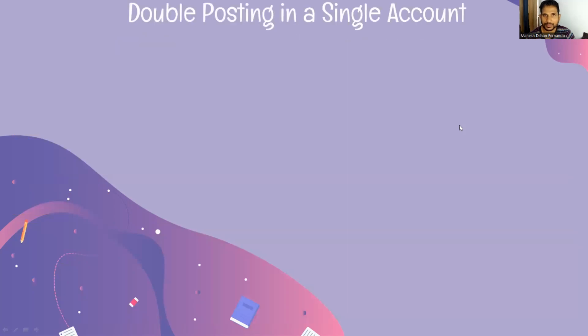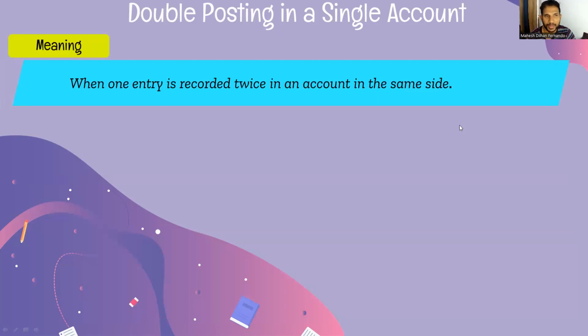The fourth one is double posting in a single account. Let's see the meaning, a very simple meaning. When one entry is recorded twice in an account on the same side. This is not the error of duplication. What is duplication? A transaction is completely recorded twice in the ledger.